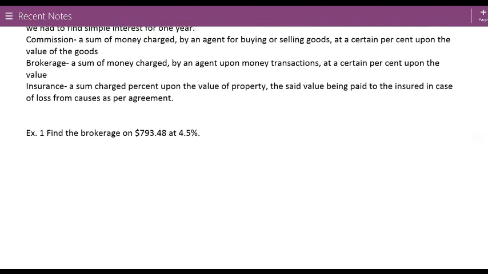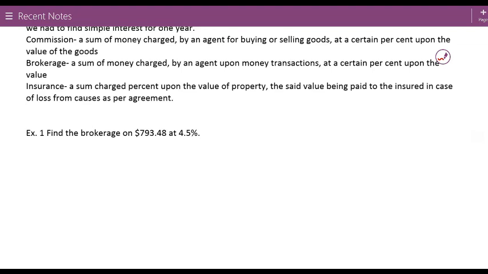All right, so find the brokerage on $793.48 at 4.5%. So we're again going to use that same principal times rate times time over 100. In this case, our time is always going to be 1.